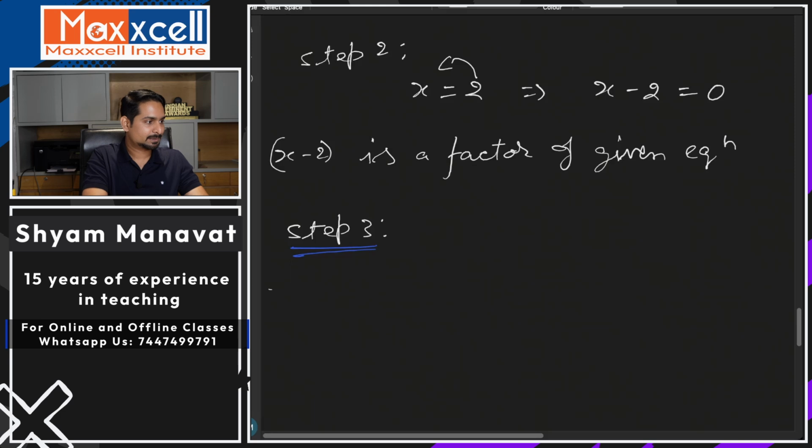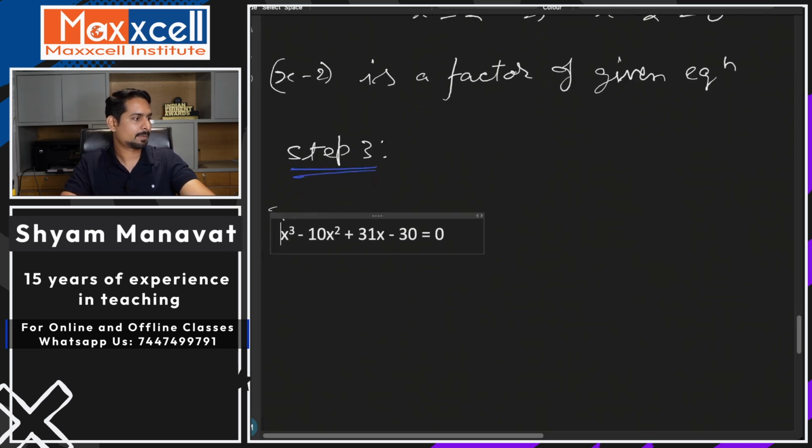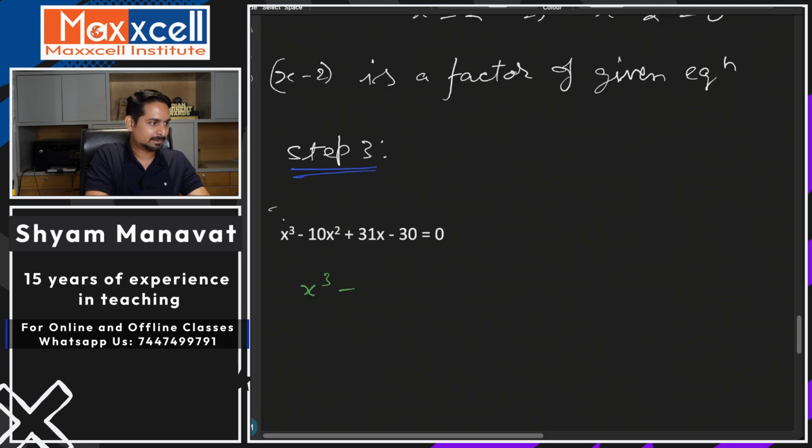The given equation is x cube minus 10x square plus 31x minus 30 equals 0. The left hand side of this expression, for which we got one of the factors as x minus 2, I write: x cube minus 10x square plus 31x minus 30 has one of the factors as x minus 2.